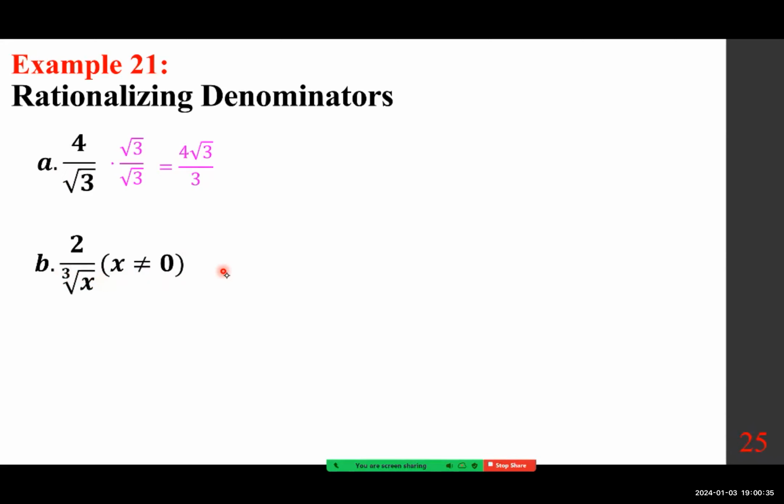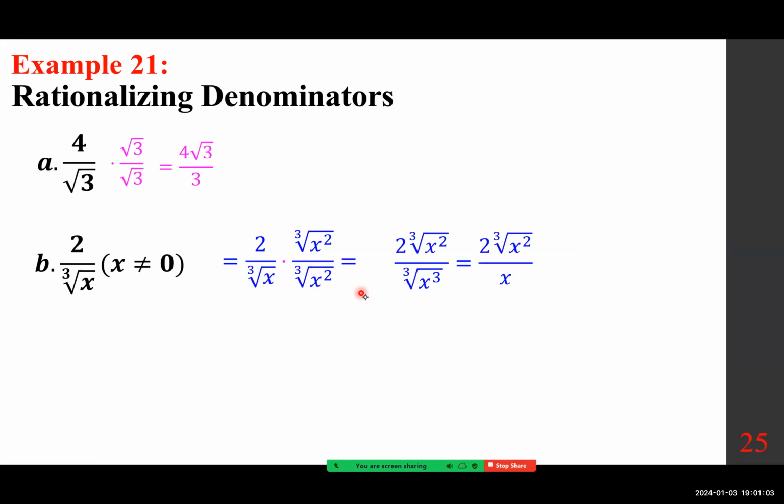So I'm going to multiply by cube root of x squared divided by the same thing. You have to do this for it to work, everybody. Now, you can multiply and say it's cube root of x cubed, which is x, so just write it as x. The numerator doesn't change.